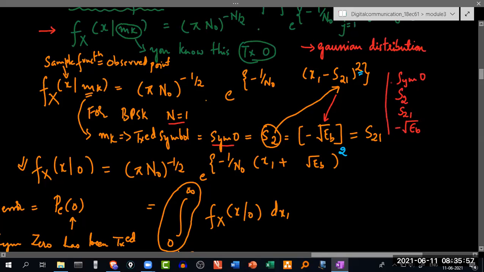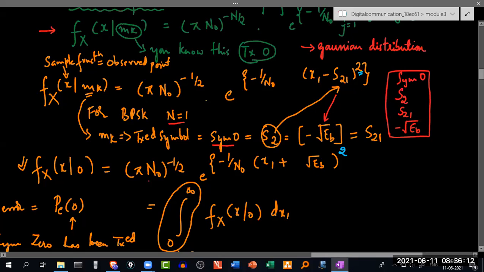So keeping all this in mind, we have made this substitution in place of h21, such that minus into minus gets converted to plus.